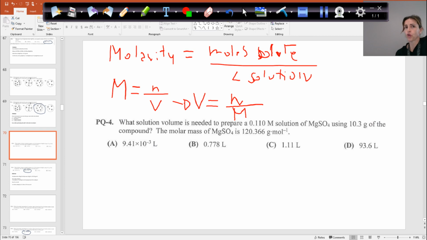So I know the formula for finding the volume. I have the molarity. I need the moles of solute. How do I find the moles of solute from what they give me? How do I find moles in general?